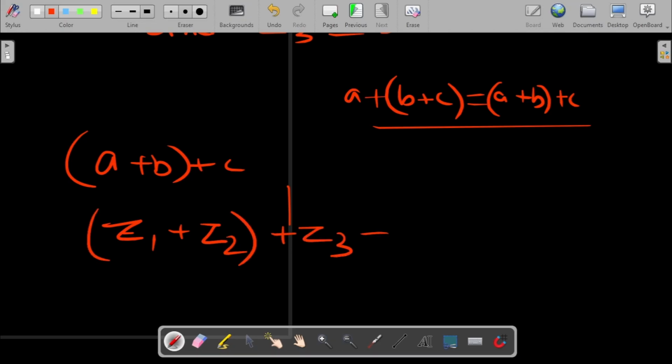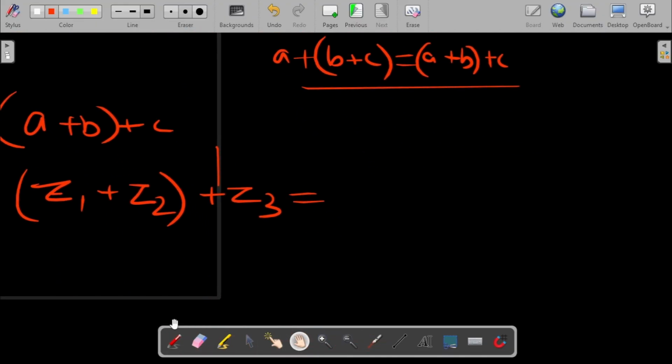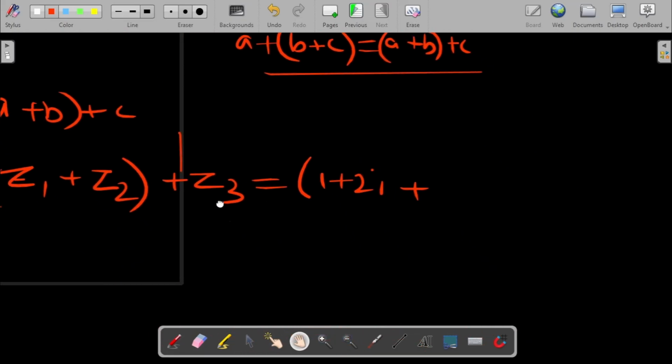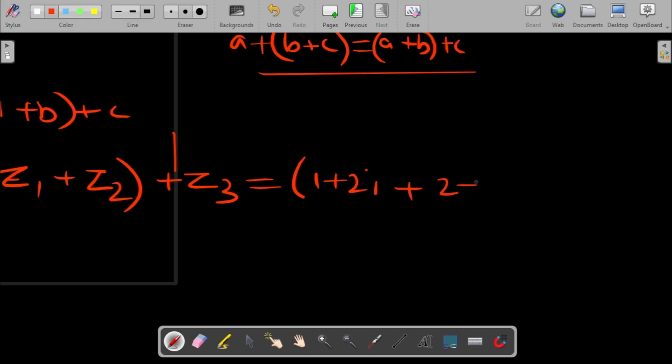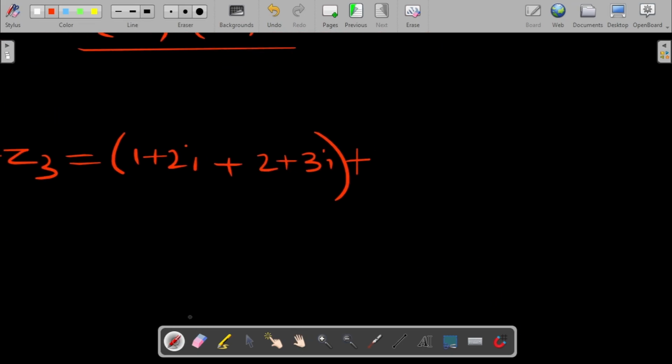Here z1 is 1 plus 2i, z2 is 2 plus 3i, and z3 is 3 plus 2i.